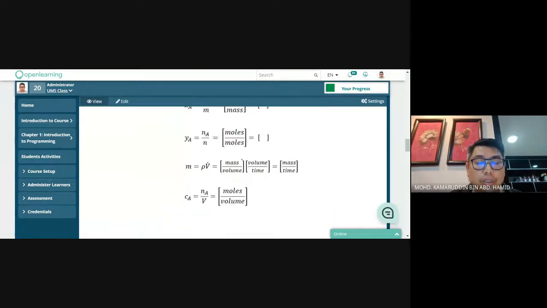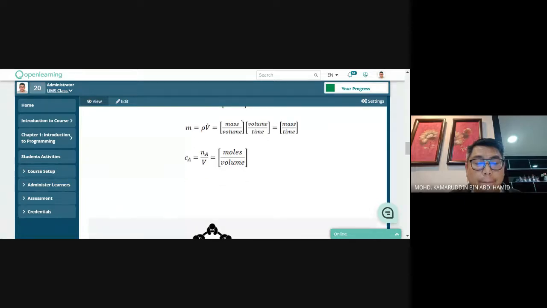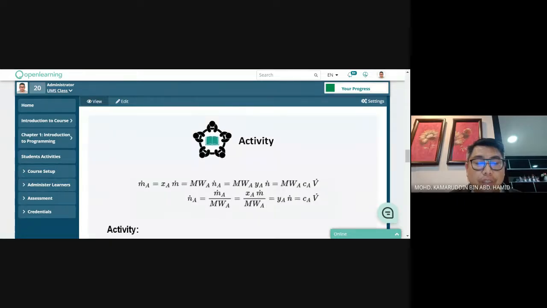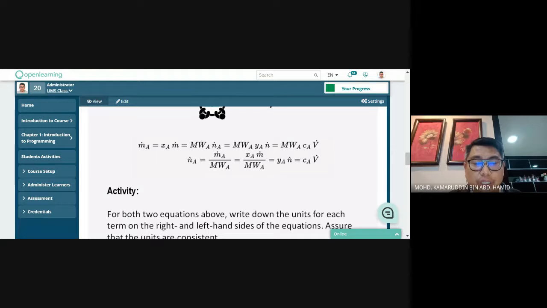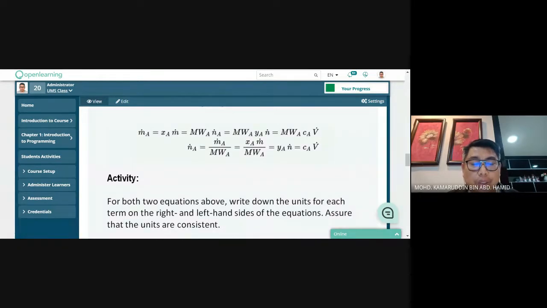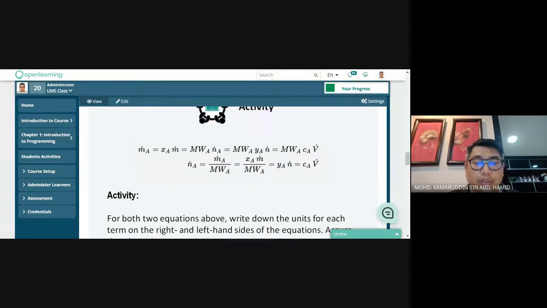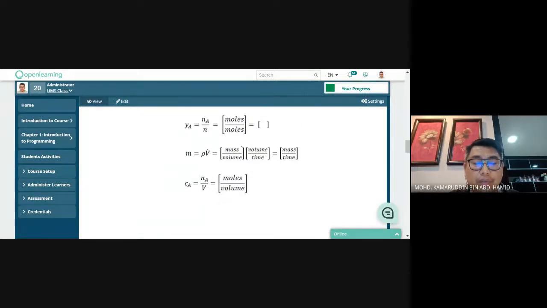There is also here a volumetric moles. So we have these two expressions. What you need to do is, for both expressions, write the unit. You can look at the example given before.